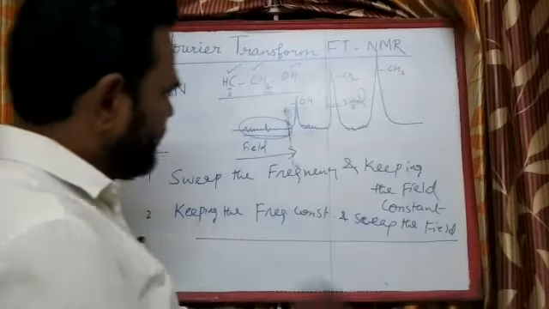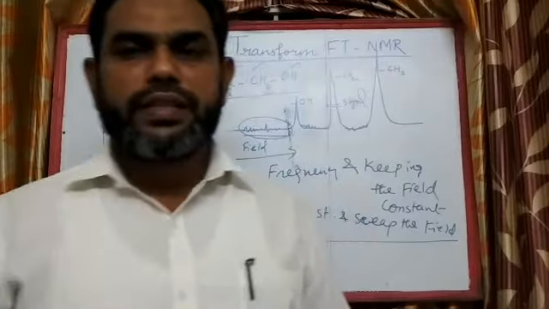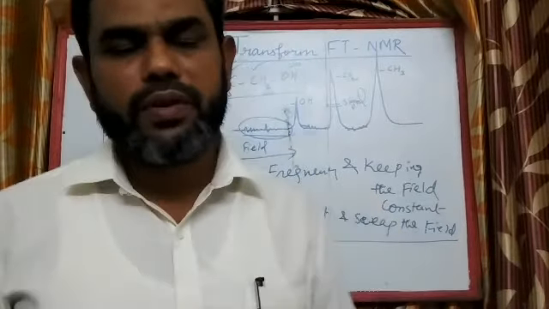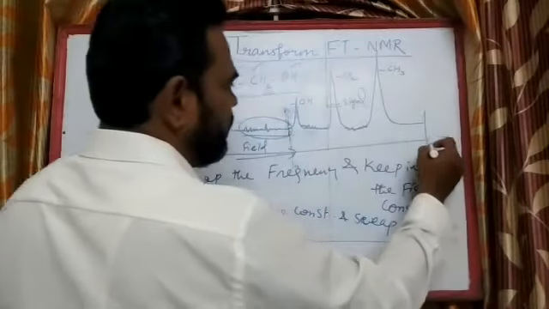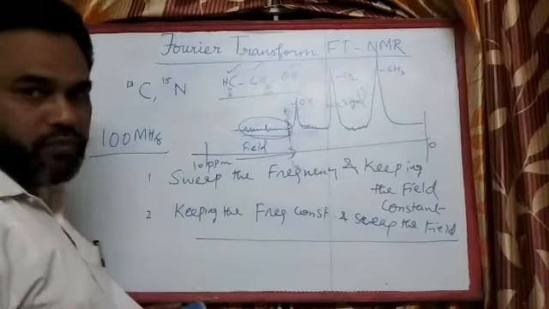By increasing the field, you may have to repeat this sweep hundreds of times. Say for example, NMR spectroscopy is recorded from 0 to 10 ppm.